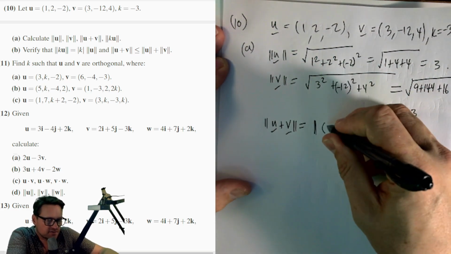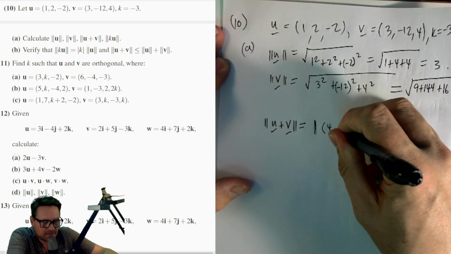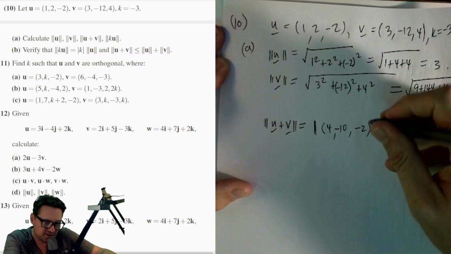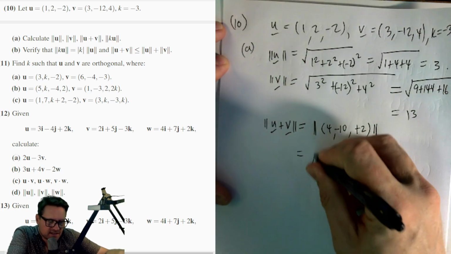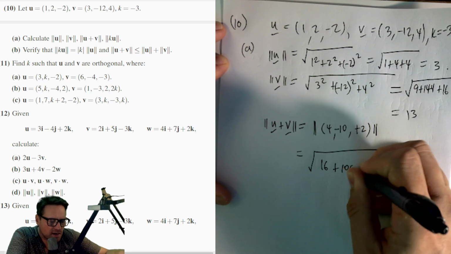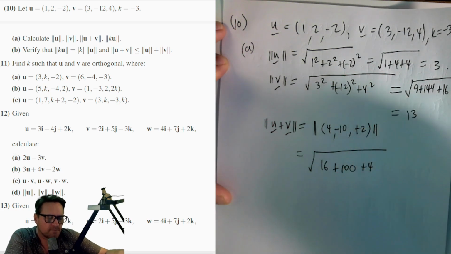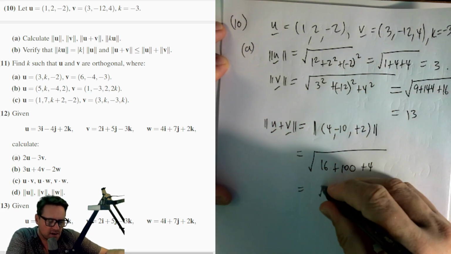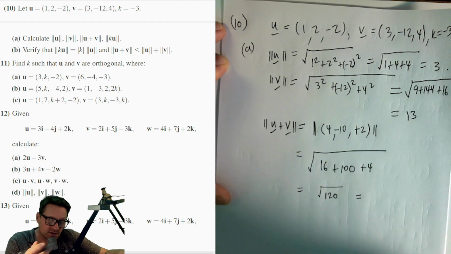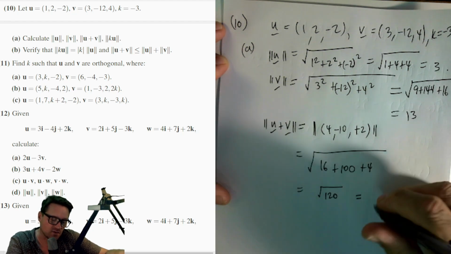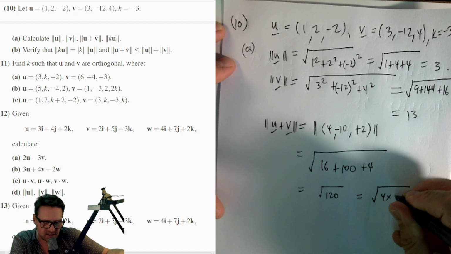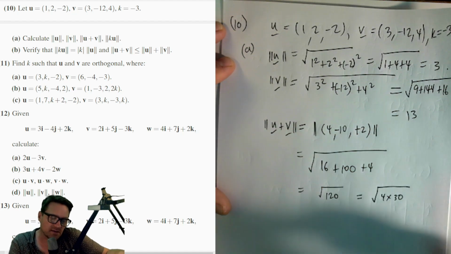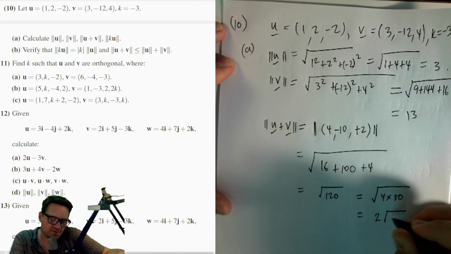So we have the vector 4, minus 10, plus 2. Okay, so taking the norm of this, 16 plus 100 plus 4. So that is the square root of 120, which we can simplify a little bit here. This is 12 times 10, or 4 times 3 times 10, 4 times 30. So we can write 2 root 30.